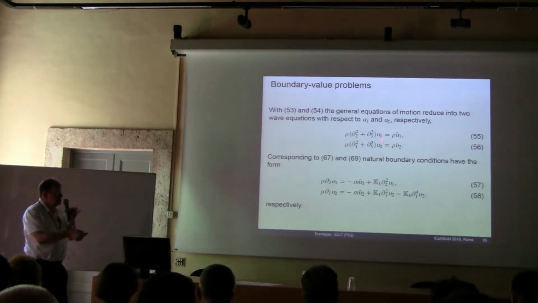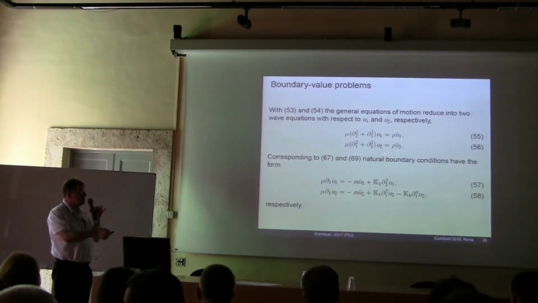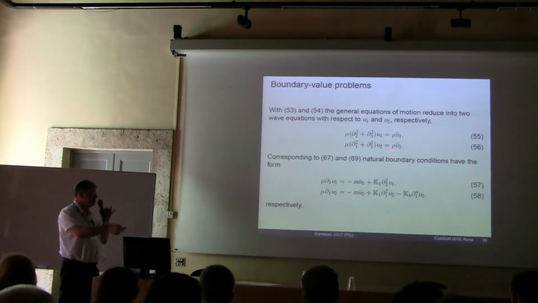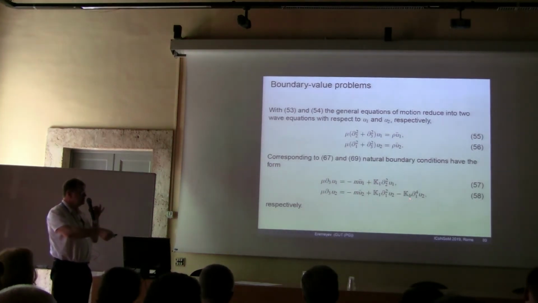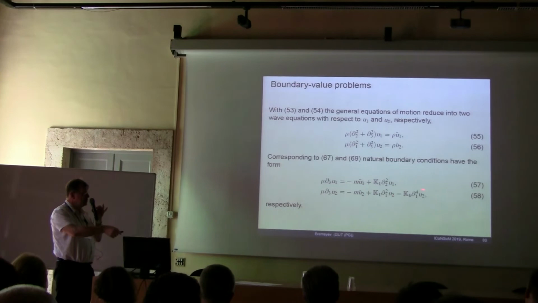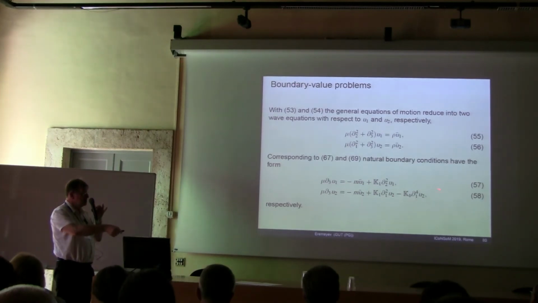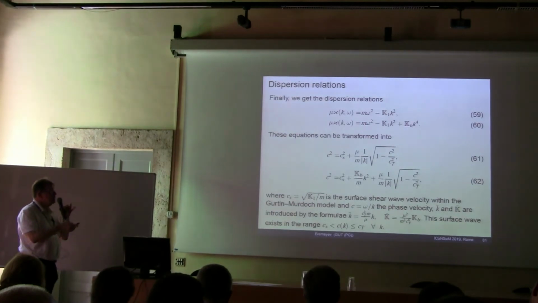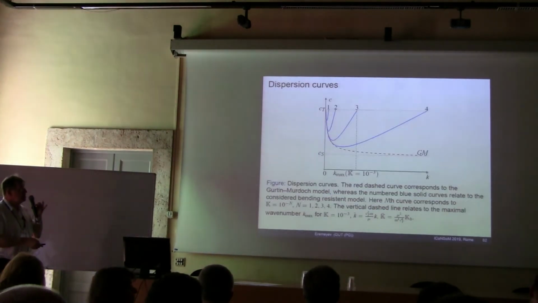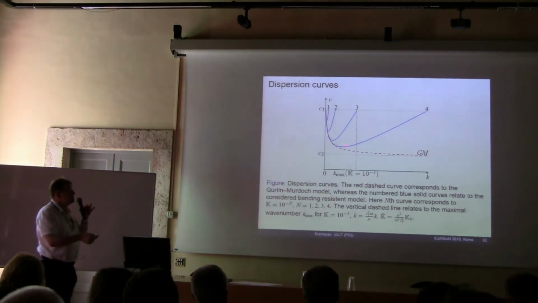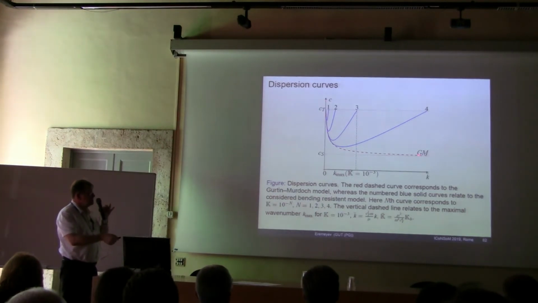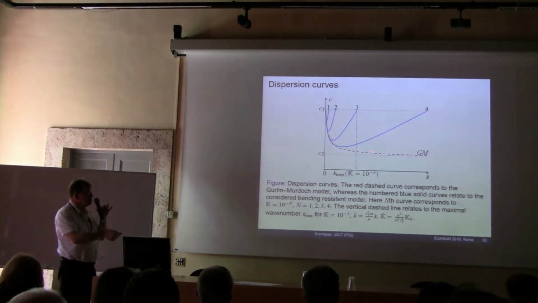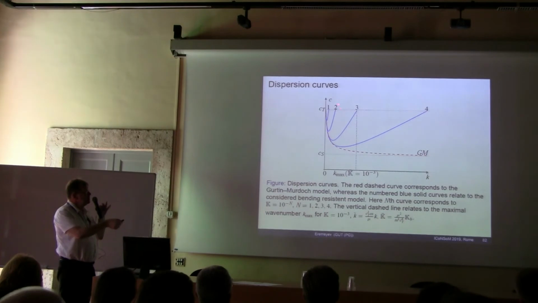And again we come to 2 wave equations with boundary conditions, and the second boundary condition has derivatives up to fourth order. We calculate dispersion relations and show that our dispersion curve looks like that. This is the curve for the Gurtin-Murdoch model, GM, whereas for the bending mode we have such behavior.